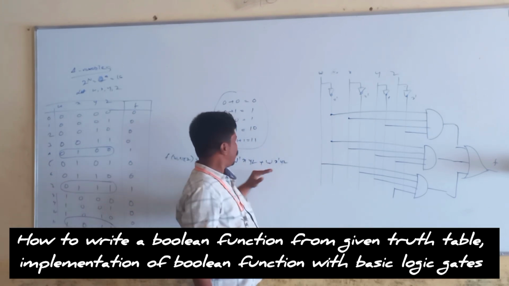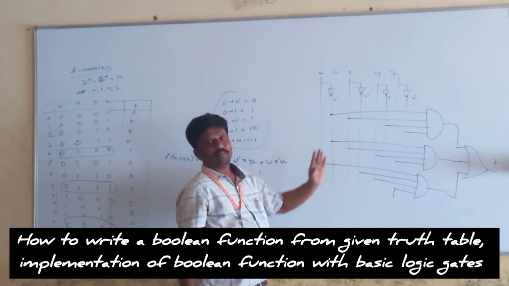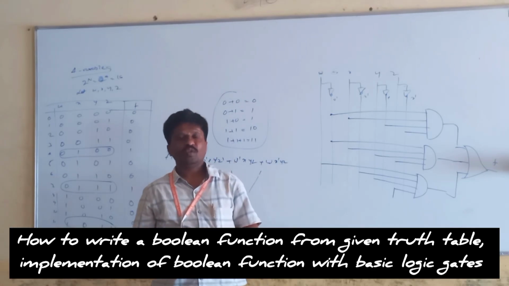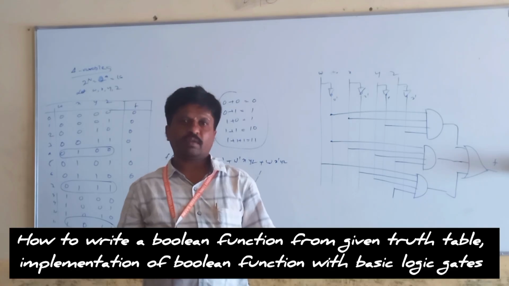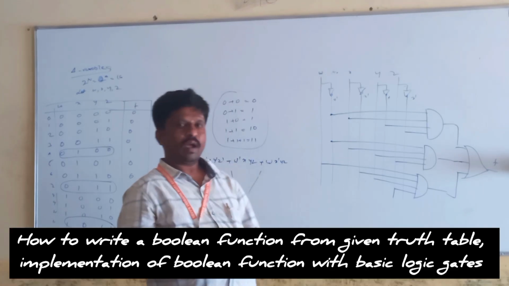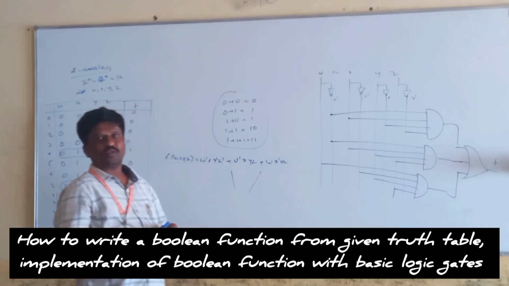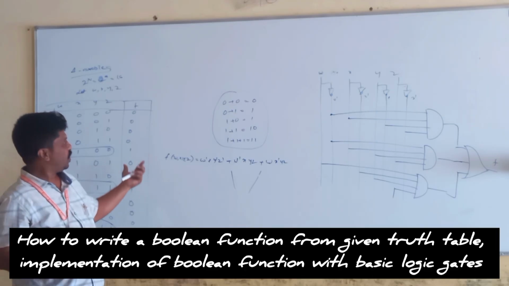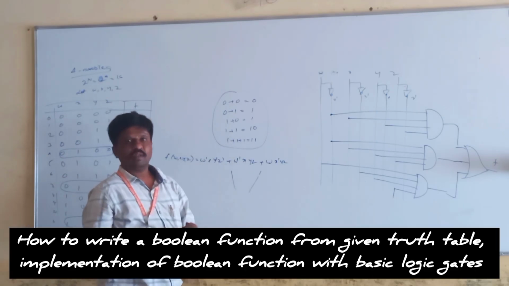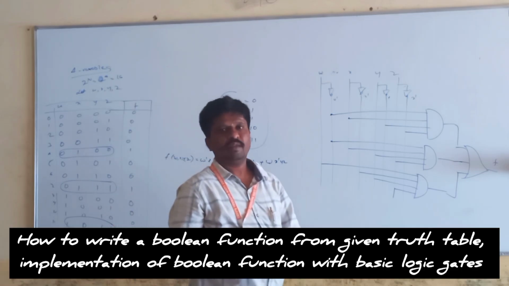Whatever boolean function we got is designed with the basic logic gates, with 2 input or 3 input gates. This is all about writing the boolean function from the truth table and designing it.